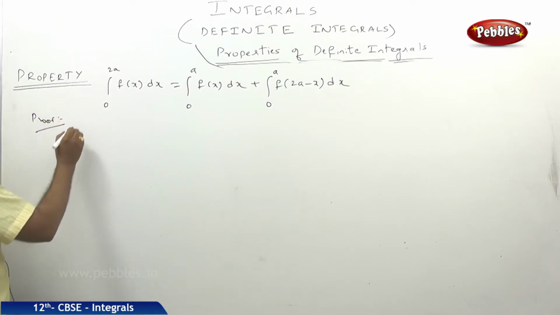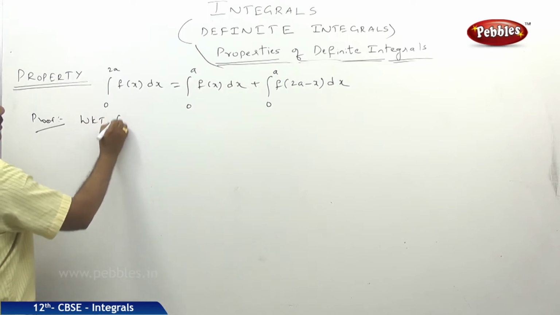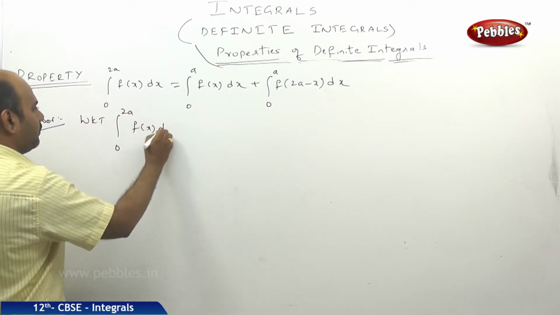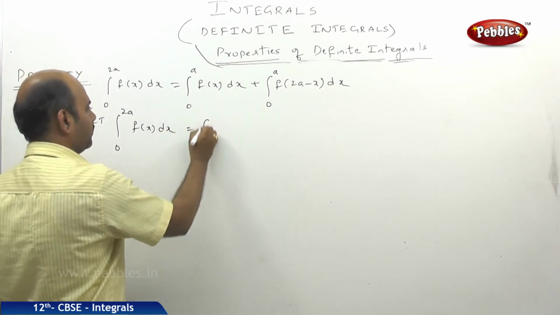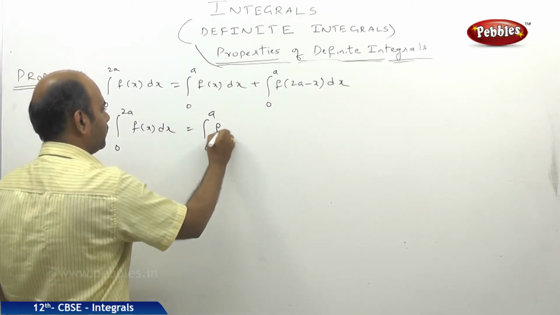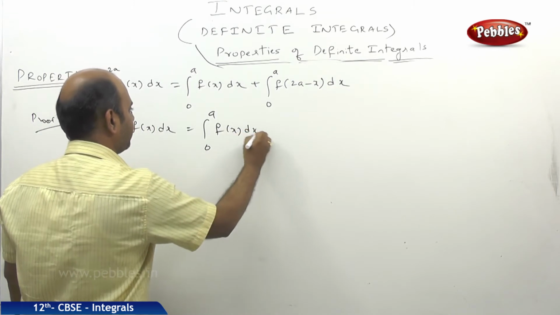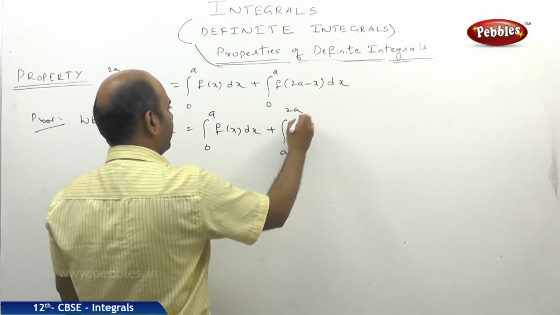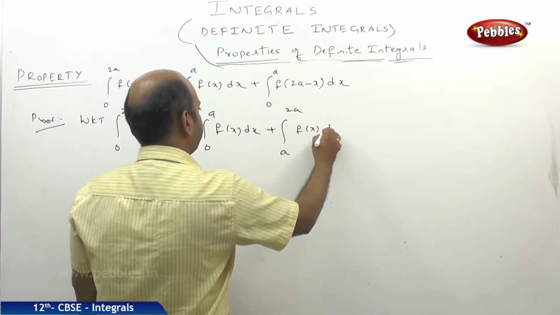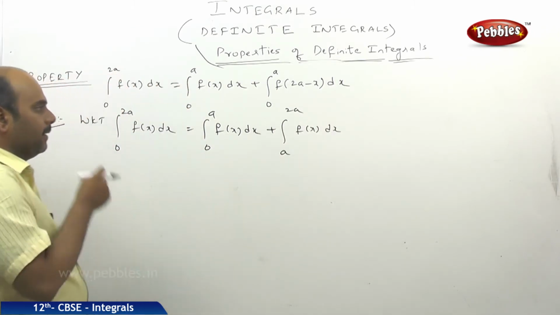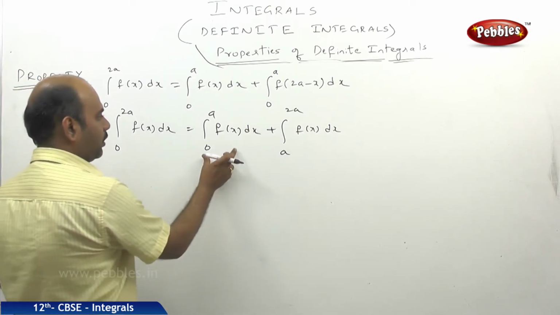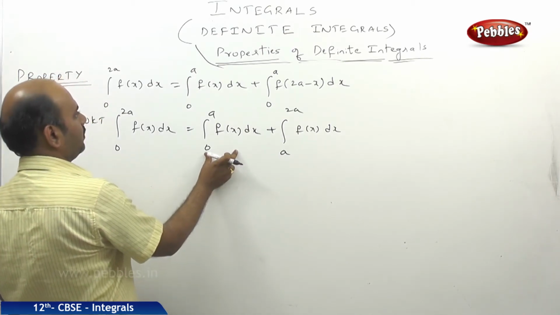We know that integral of 0 to 2a f of x dx is equal to integral of 0 to a f of x dx plus integral of a to 2a f of x dx. Now, for my convenience, I don't want to disturb this particular integral.